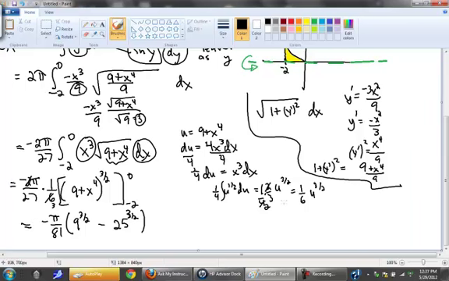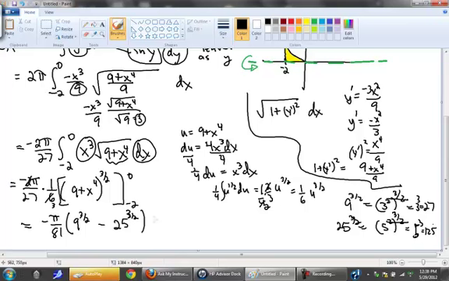9 to the 3/2, 9 being 3 squared, is 3 cubed. The 2's cancel, and you get 27. 25 to the 3/2, with 5 squared being 25, the 2's cancel, and it's 5 cubed, which is 125.